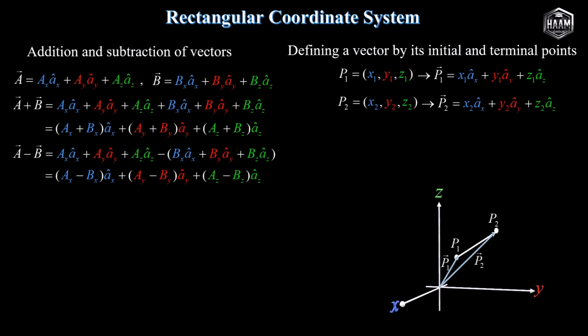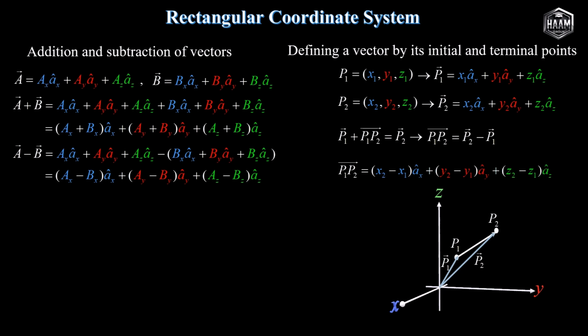Now we have a vector sum. Vector P1 plus vector P1P2 equals vector P2. From the triangle rule of vector addition, we can write this relation. From this, P1P2 equals vector P2 minus vector P1.